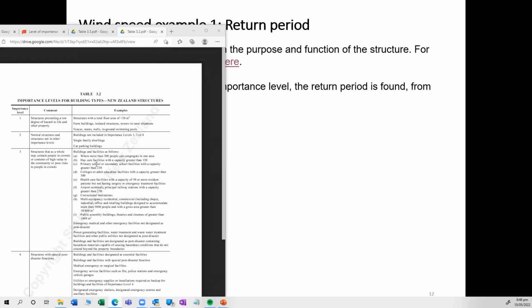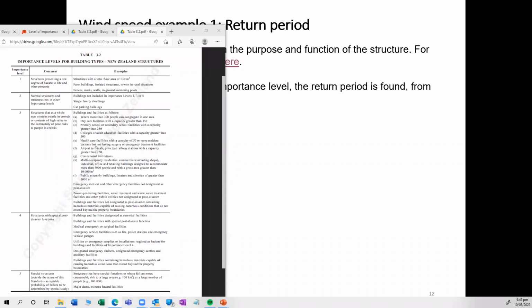It's obviously not importance level 1, importance level 3, it's obviously none of these. Is it a multi-occupancy, residential, commercial, including shops, industrial, more than 5,000 people? So it's obviously not that. So looks like it's going to be importance level 2. Buildings not included in importance levels 1, 3, and 4. Okay, so it's a normal structure.